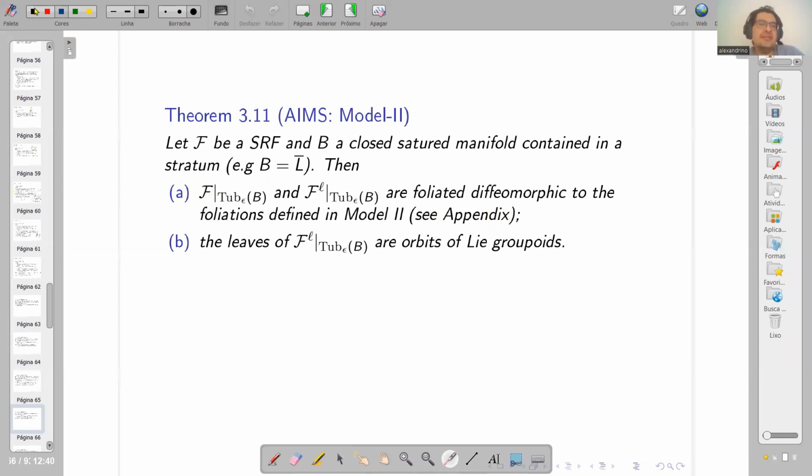The difference is that instead of talking about connections and parallel transport, you have to talk about what we call partial connections, where you are just allowed to make parallel transport not on the entire B, just along a foliation that is inside of this B.